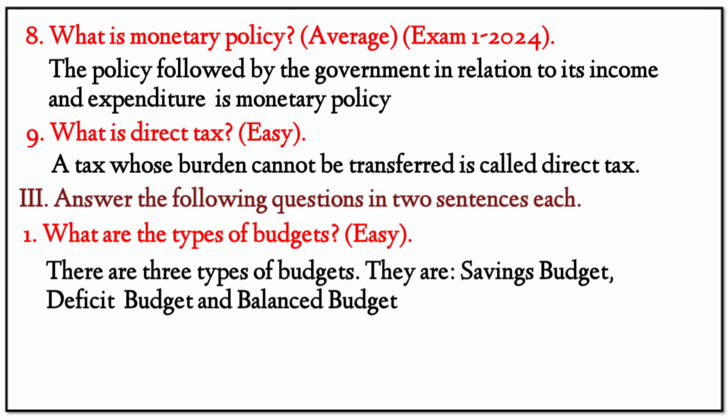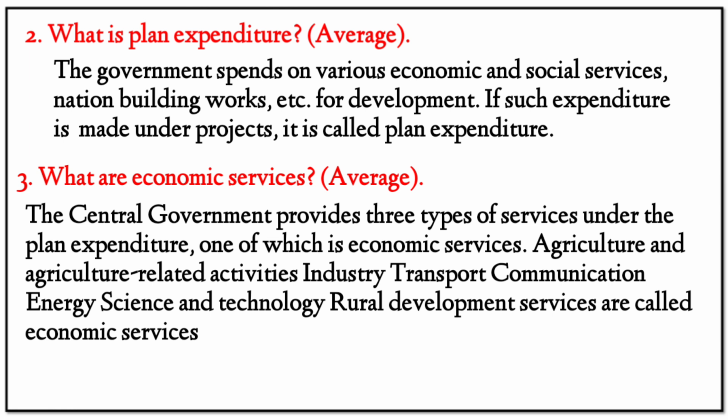Next, question number 2. What is plan expenditure? The government spends on various economic and social services and nation building works for development. If such expenditure is made under projects, it is called plan expenditure. Next, question number 3.